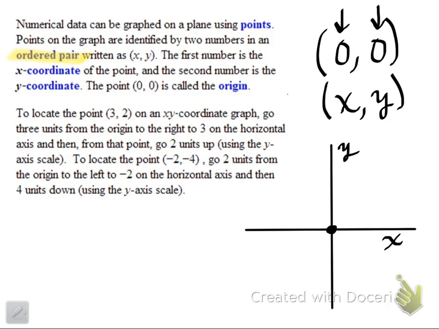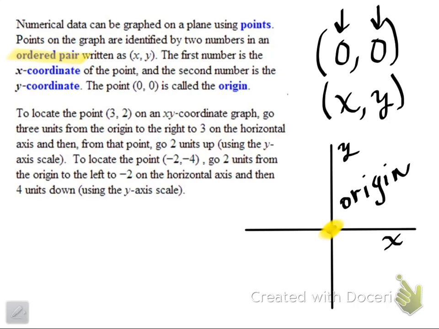You'll notice I put a dot right on this space because we're not moving anywhere in the x direction or the y direction. This is what we call the origin, which is ultimately the starting point for the graph.